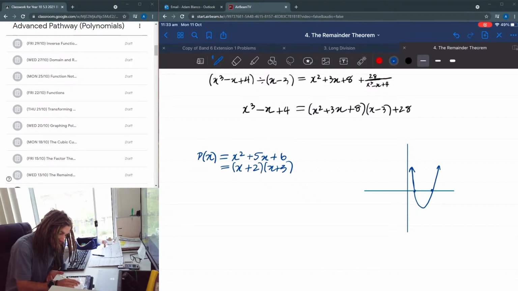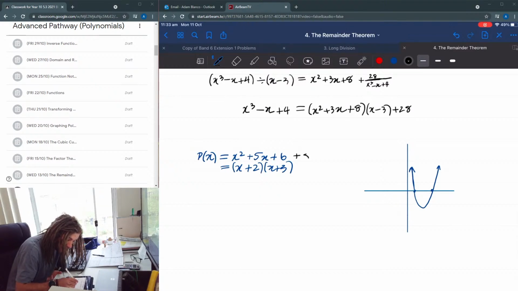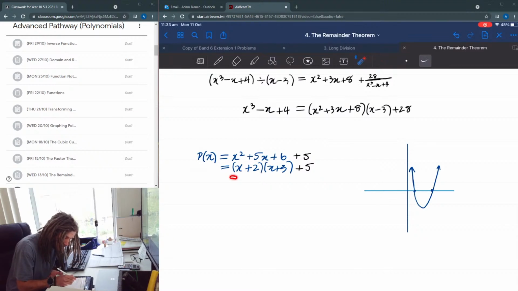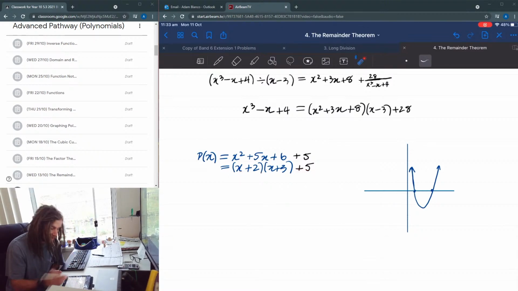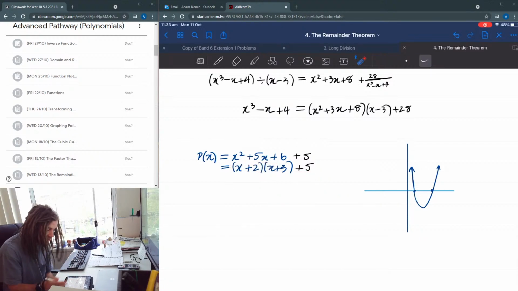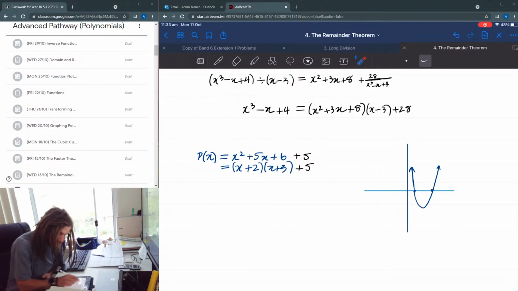Now, if instead I had completed the square on this and added 5, what happens if I input a minus 2 into here? My answer is just 5, and it ends up being the remainder. This would be 0 times whatever that is, so my remainder would just equal 5. It's the exact same thing as what's happening in this equation.